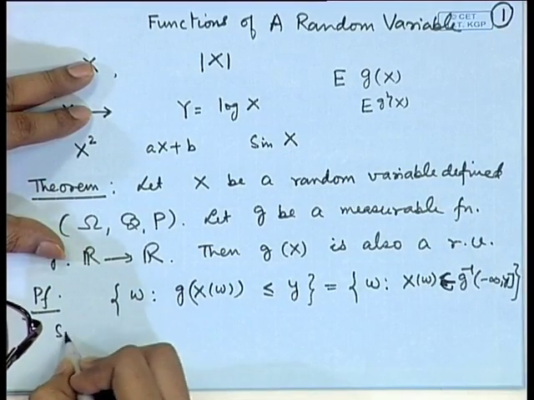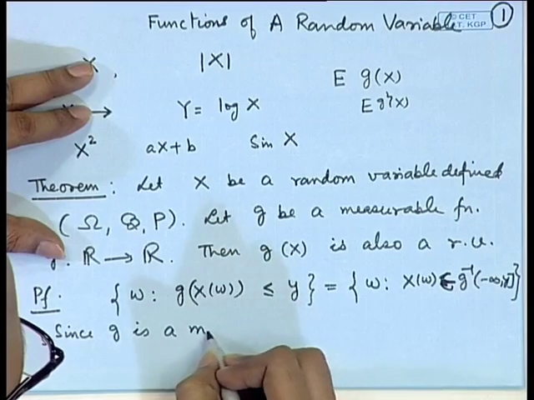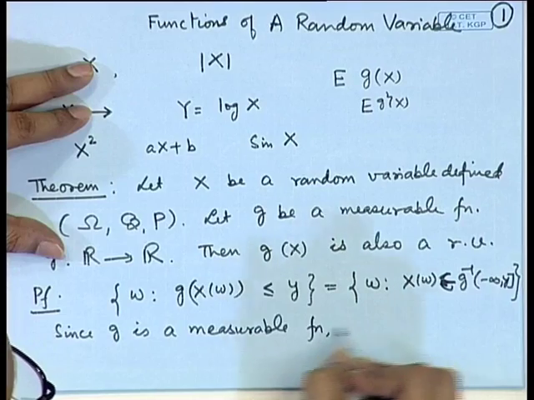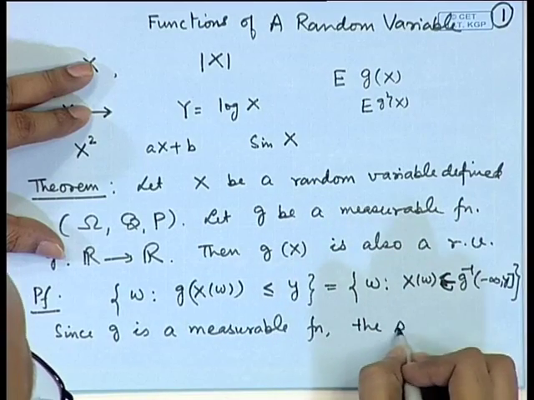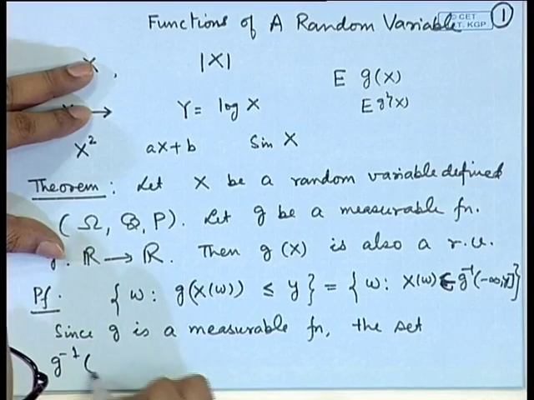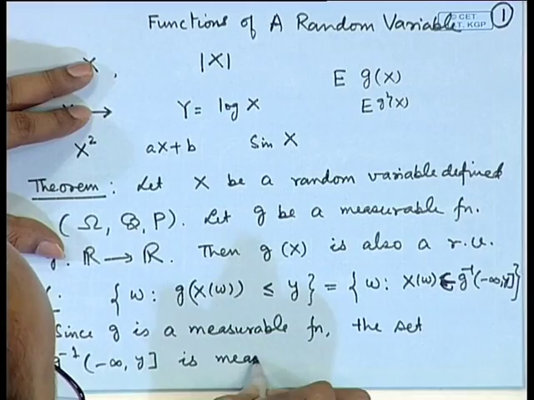So, since g is a measurable function, the set g inverse of minus infinity to y is a measurable set.